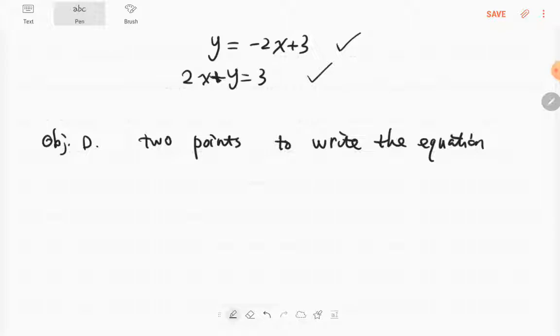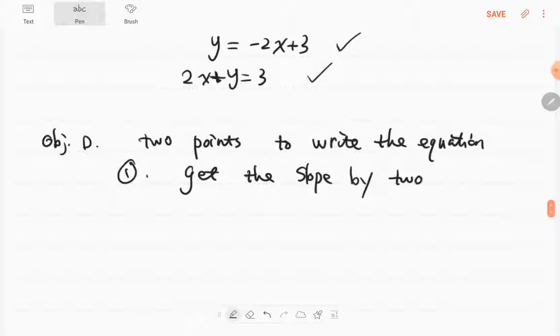So this time we do not have the slope. We only have 2 points. So what shall we do? First step, we need to get the slope by 2 points. Okay, we still need to get the slope.